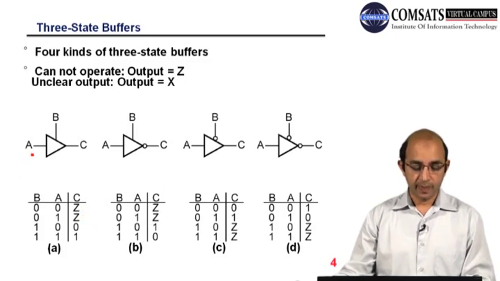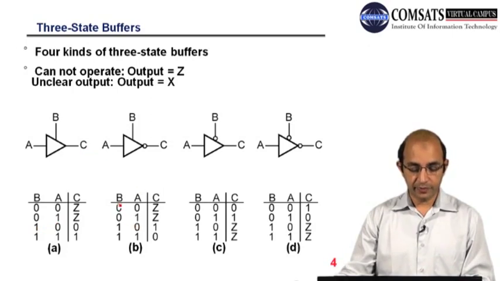So it means the input is not communicated to the output. Whenever B is 1 and A is 0, we have 0. B is 1, A is 1, we will be having C equal to 1. So whenever we have B equal to 1, the input will be communicated to the output.